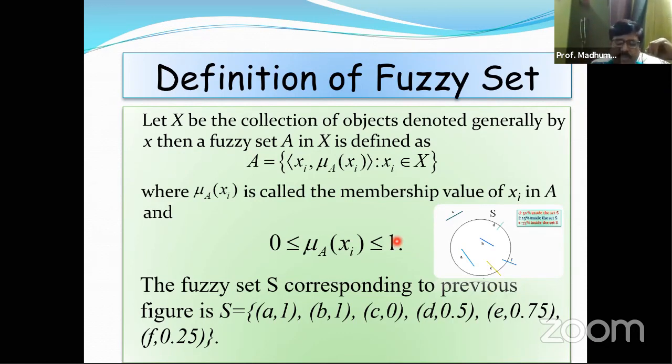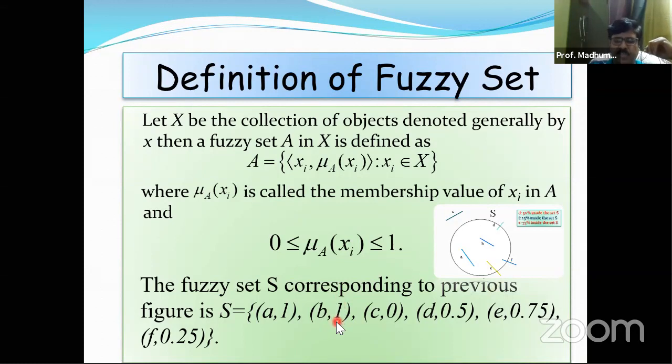In our previous example, the collection of line segments, S, is a fuzzy set, where A comma 1 means the line segment A is completely inside the set S, so its membership value is 1. Similarly, B comma 1: B is completely inside the set.